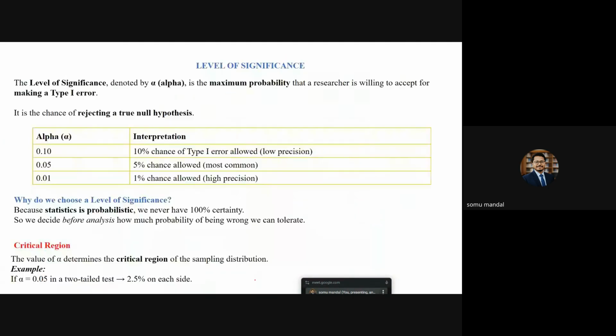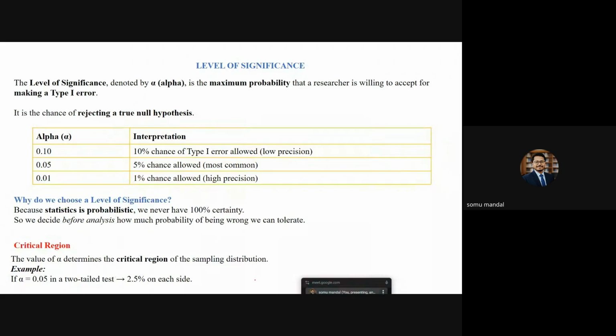Here the level of significance is an important term. Why? Because there are lots of tables in ANOVA, regression, and non-parametric analysis, like the Kruskal-Wallis test and the Mann-Whitney U test, which are non-parametric tests.